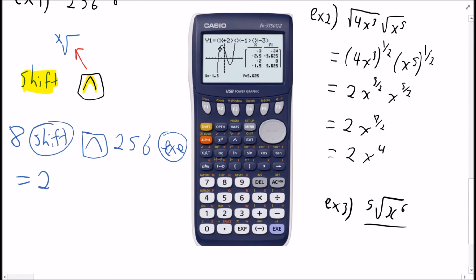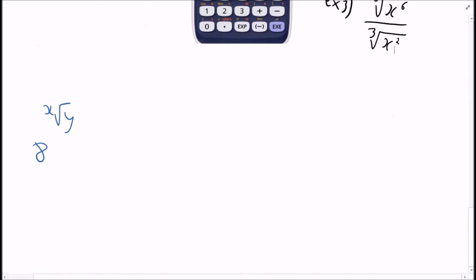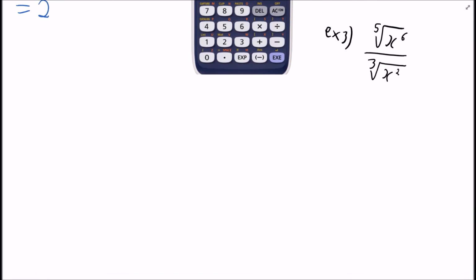For example 3, the fifth root of x to the power of 6 over the third root of x to the power of 2, so x squared. So how would I go about simplifying this one? First step, get rid of these roots.